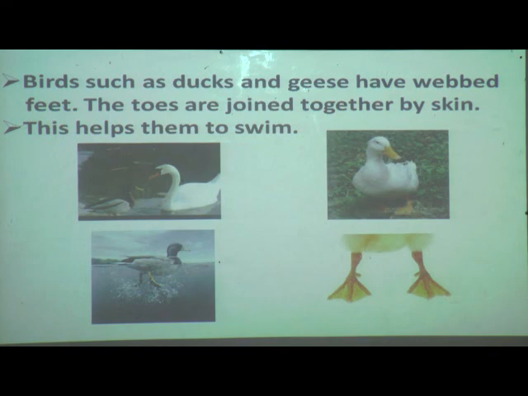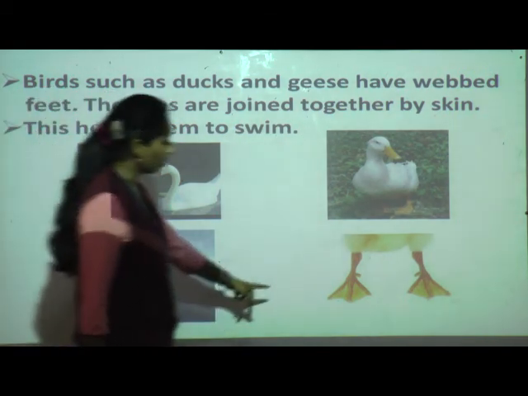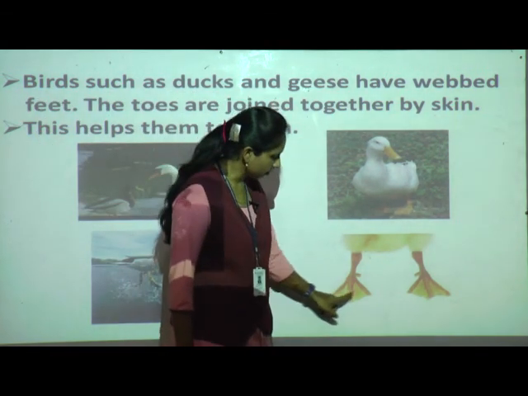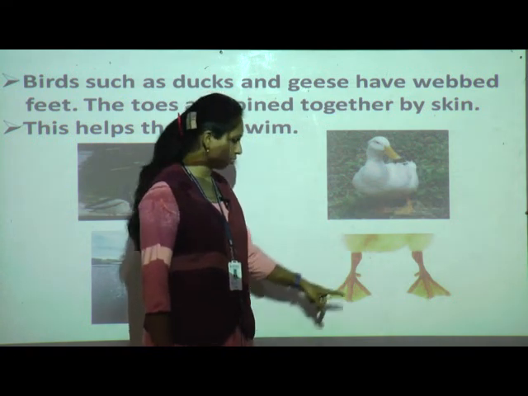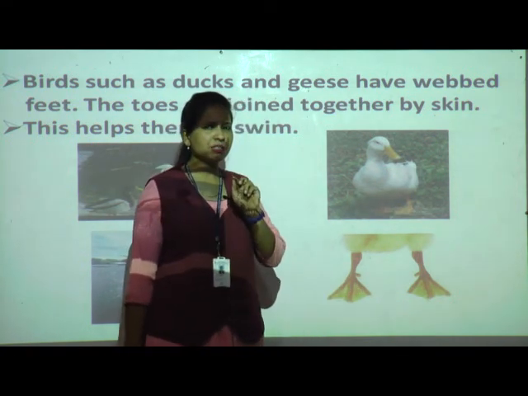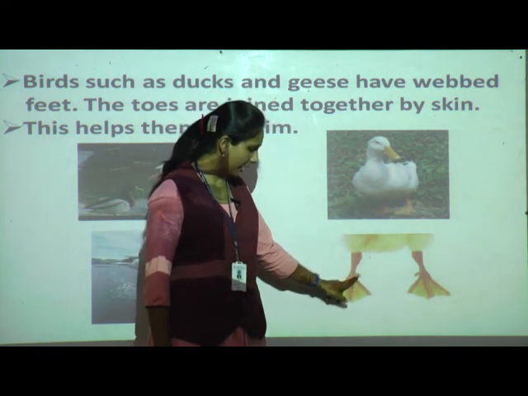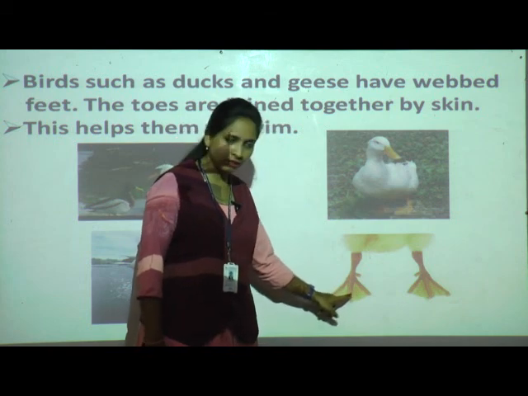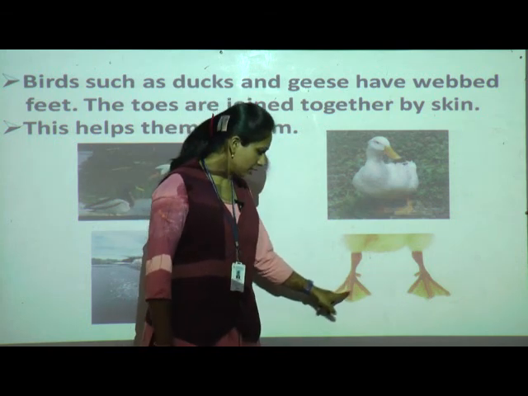It has three toes that are webbed together and a very little toe at the back, which helps them push water while swimming. Now observe the feet of the duck. They have three toes in the front and a very small toe at the back, and they have skin between these three toes.